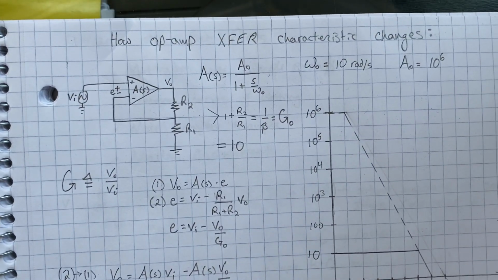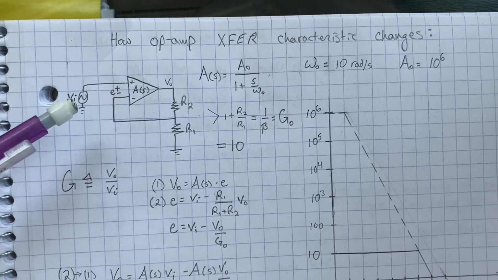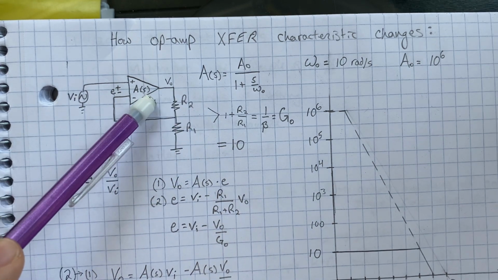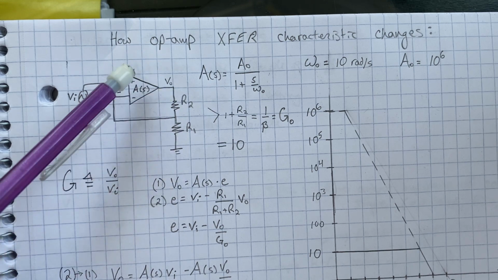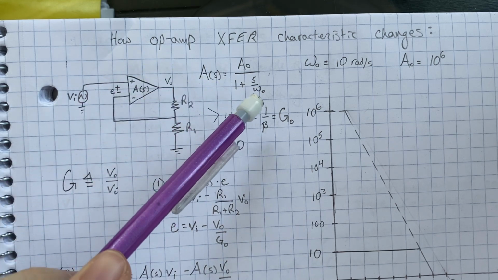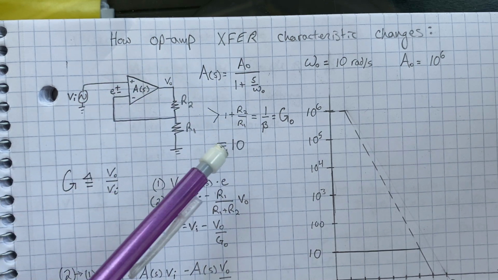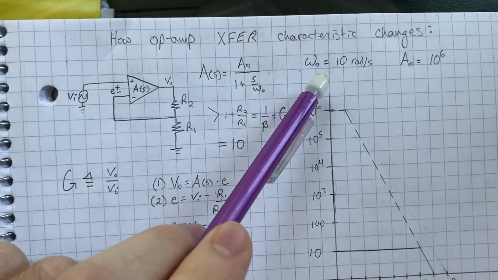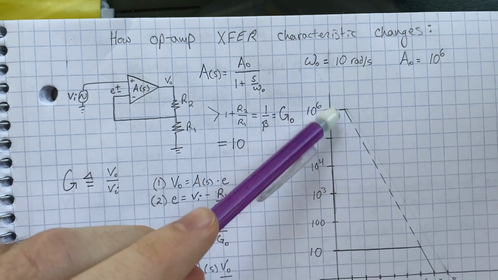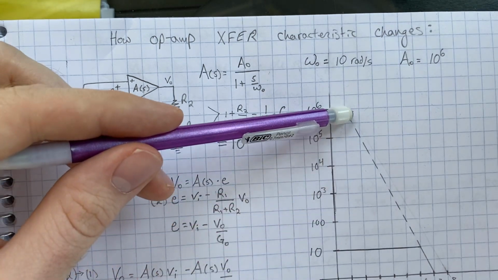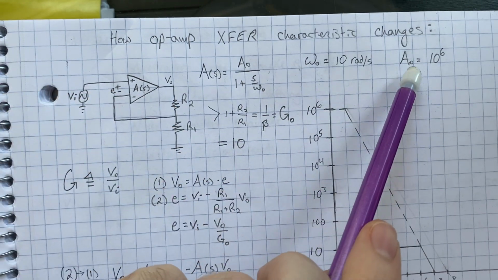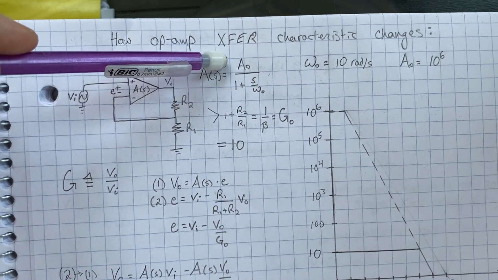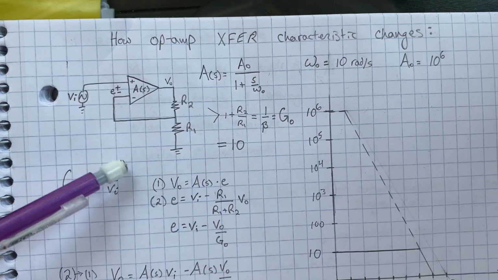And here we'll go through the math of it. We're starting out with A of S as the op amp single pole transfer function. We'll arbitrarily assign little omega naught as 10 radians per second, which is the single pole cutoff, and capital A naught, which is the intrinsic gain at low frequency, to just be 1,000,000.